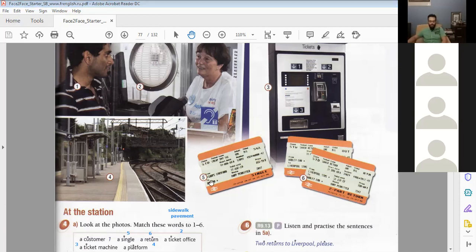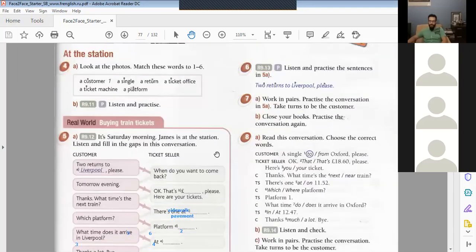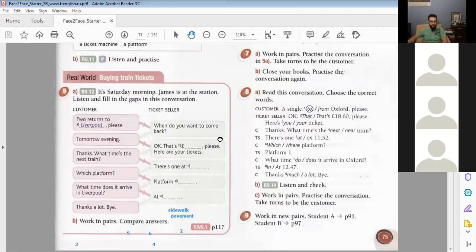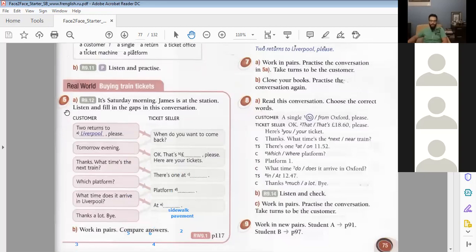Okay, now let's go to number 5. So here, number 5, buying train tickets. Okay, it's very nice. So we have a conversation. It says it's Saturday morning. James is at the station. Listen and fill in the gaps in this conversation.